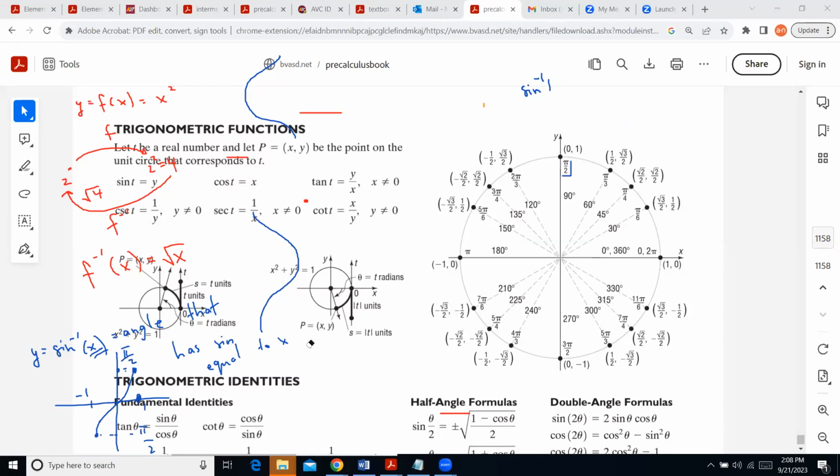So this is cosine, sine, right? Our coordinates. Cosine of π/2 is the x coordinate. Remember how we define cosine as the x coordinate and sine as the y coordinate, sine of π/2. So if I try to find the inverse sine of 1, it's going to be π/2, because the actual sine of π/2 is equal to 1.